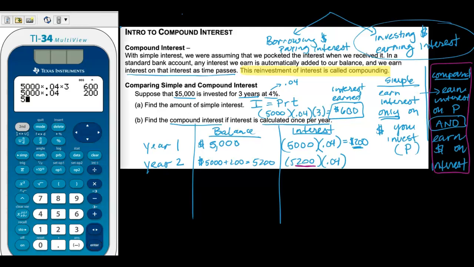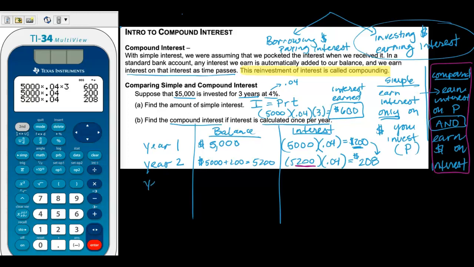So I'm going to take 5,200 now and multiply it by 0.04. And you'll see I get a bigger answer in interest because now my balance is larger. So now my interest after year 2 is $208. So you can see that it's growing, it's increasing.